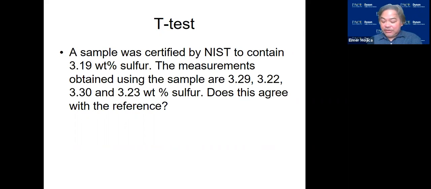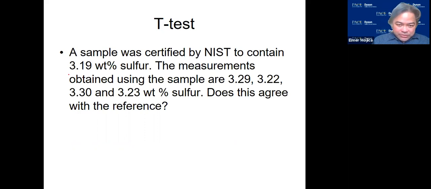So this is a comparison between an experimental mean and the true mean. We could use the confidence interval here to see if the set of values that we have is within the true value.